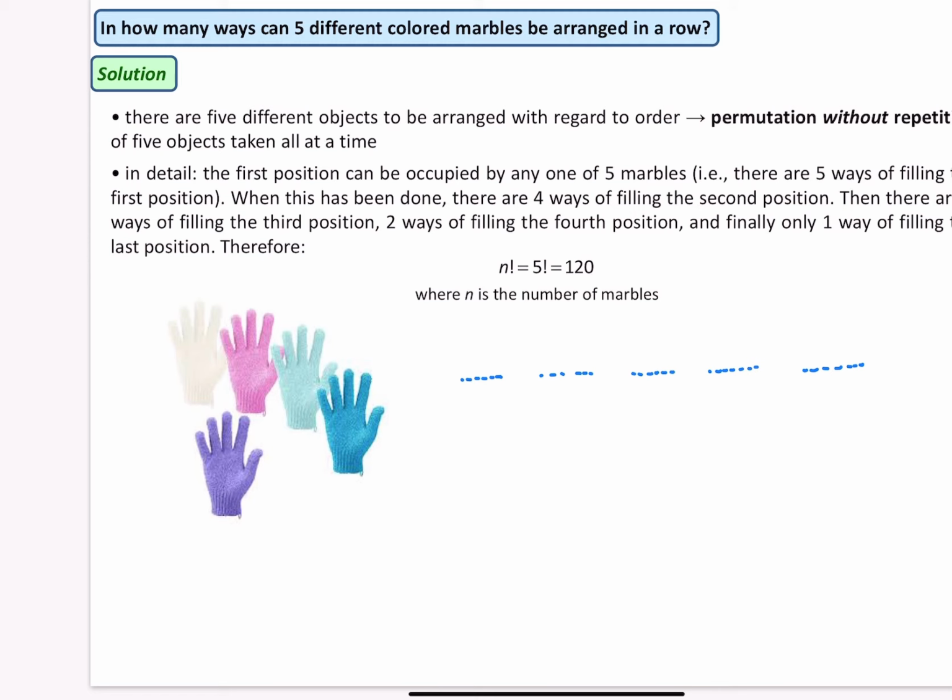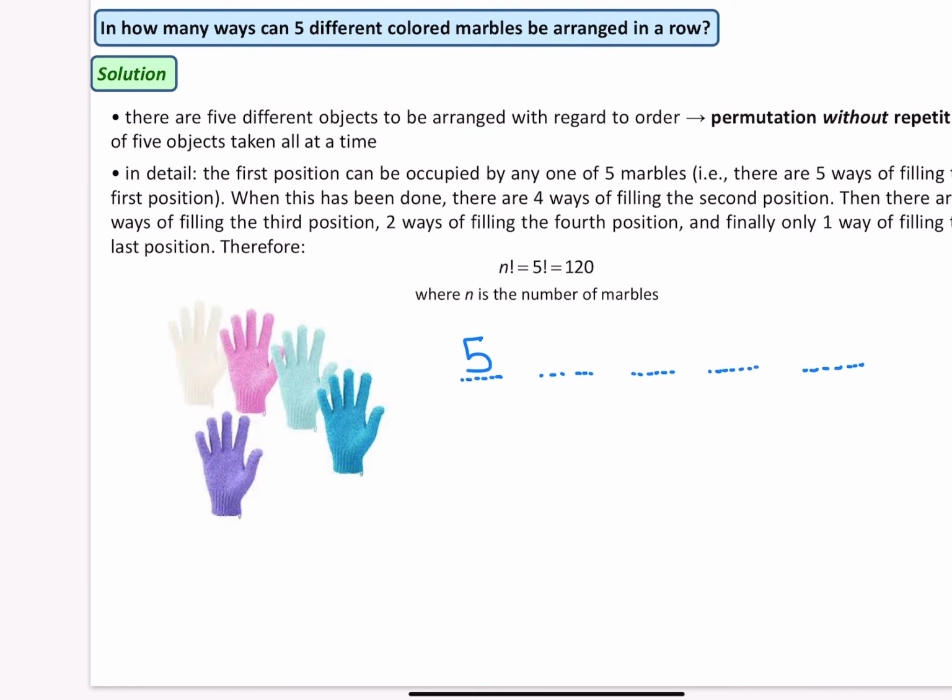So the order matters. The first marble, or the first glove, which I choose, will have 5 chances. Any one of these 5 can be chosen. If I choose one of them, I end up with 4.